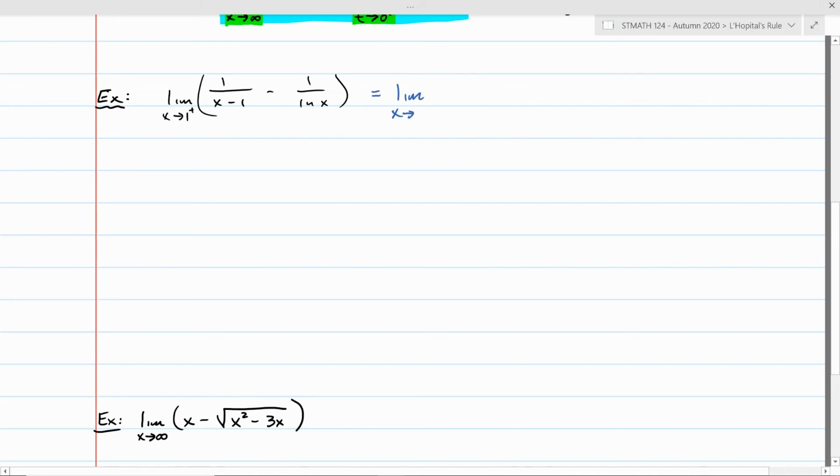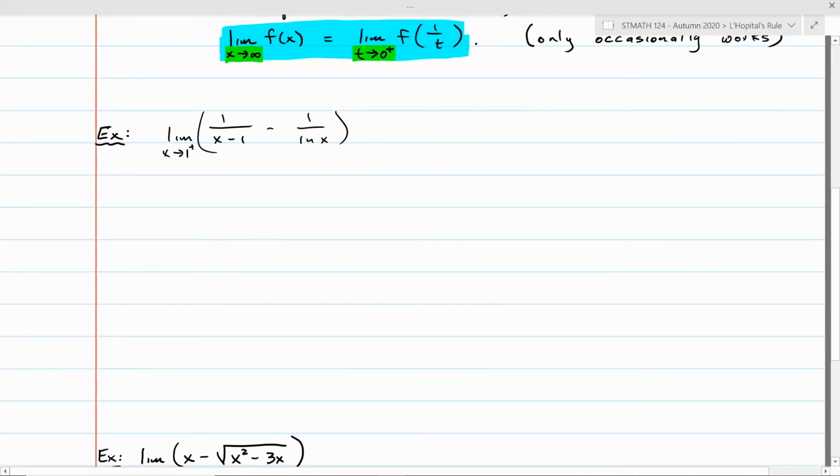Oh, by the way, before I do that, let me just point out that this is an infinity minus infinity example. As x approaches 1 from the right, the denominator in this first fraction would be going to 0 from the right. So I'm going to put 0 plus to indicate that. So in the whole fraction, you've got 1 over something that's getting close to 0 positive.